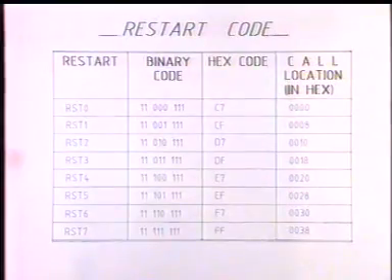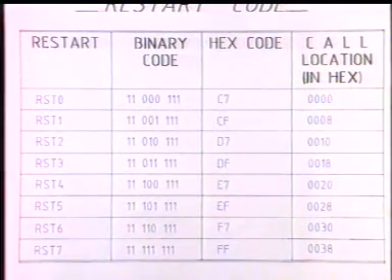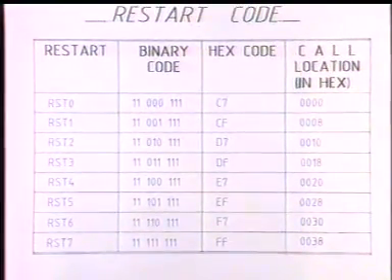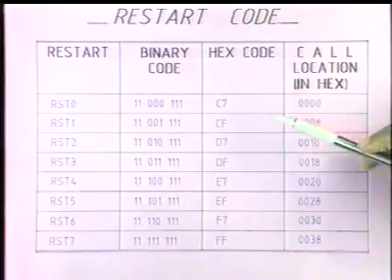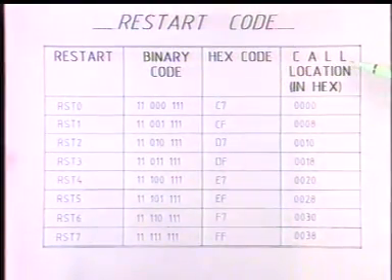Now comes the software interrupt, which is basically called restart, or RSTs. The software instruction goes like this: RST 0, 1, and it goes up to RST 7. There is a code for each, and the hexadecimal codes are, for example, C7, CF, and so on, with their locations.